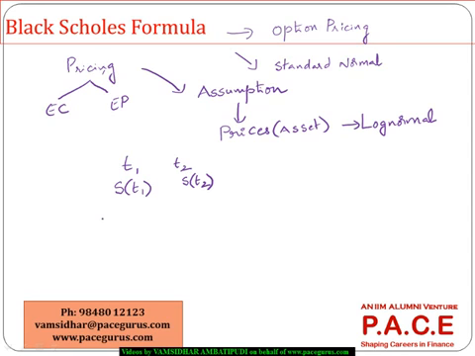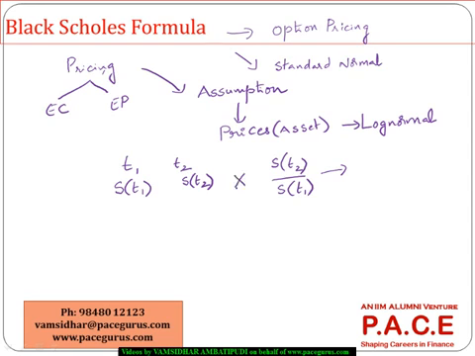Now what we are saying is, in this particular scenario, S of T2 divided by S of T1 is a variable.